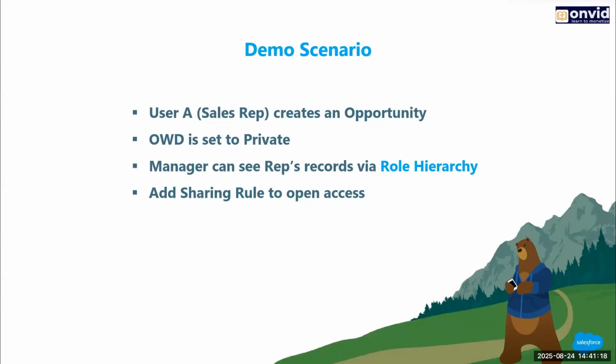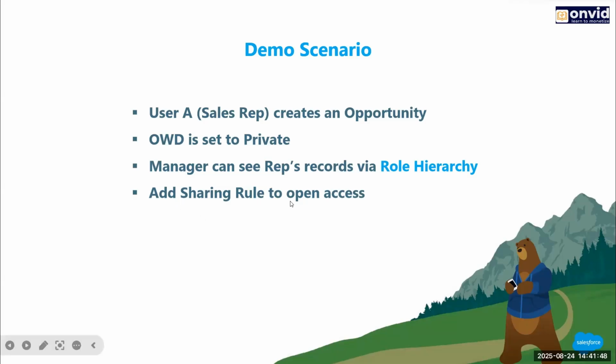So how can we set up role hierarchy? I have a scenario where managers can also see the sales representatives' records. Here we'll impose role hierarchy. We'll set up the roles in the backend and from there impose the role hierarchy. In that case, we'll be giving the manager access to the records.